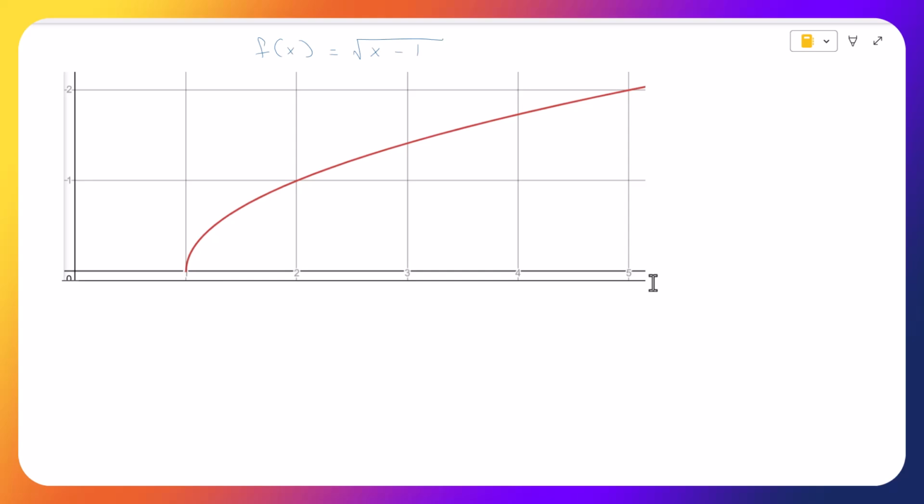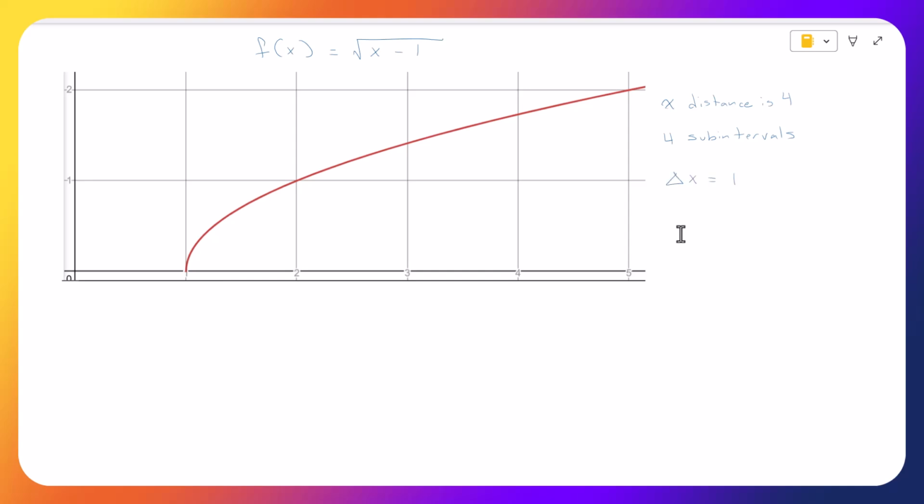Since our x distance is 4, I want to do 4 subintervals, so 4 trapezoids, not rectangles, although one of our trapezoids is going to look funny. So this means our delta x equals 1. 4 divided by 4 is 1.